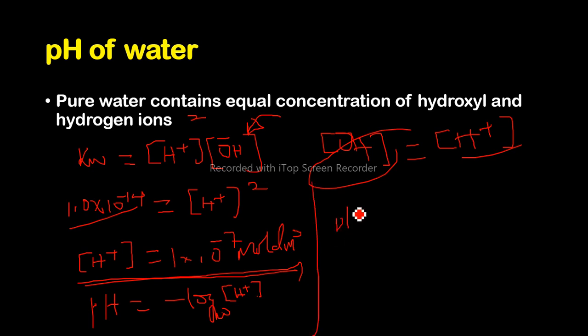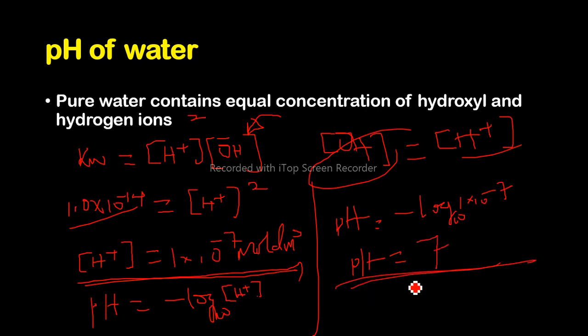Our pH is going to be negative log to base 10 of 1 times 10 minus 7, and you get your answer as 7. So the pH of pure water therefore is 7. That's why water is said to be neutral. 7 is neither acidic nor basic. It is simply neutral, and pure water must be neutral. Not so, guys?